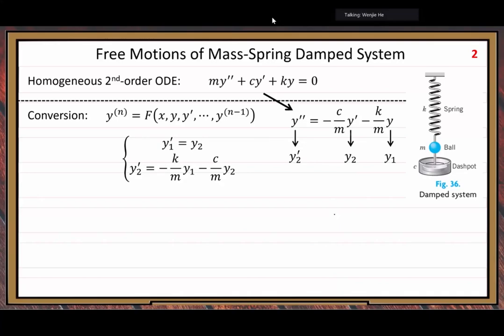What do you see? You only have y1 prime, y2 prime. But you have two equations, two equations instead of that one equation. They are essentially the same, right? Equivalent. We can say these two forms of ODEs are completely equivalent.